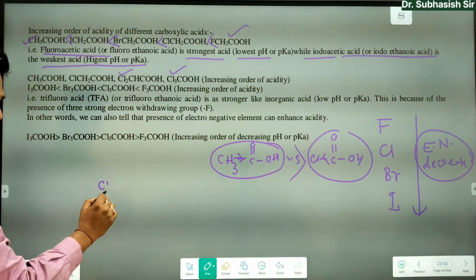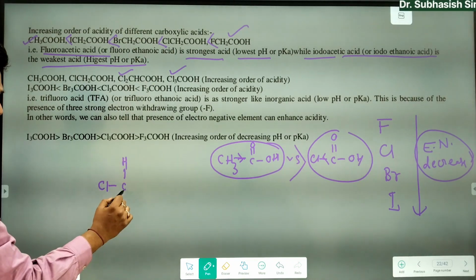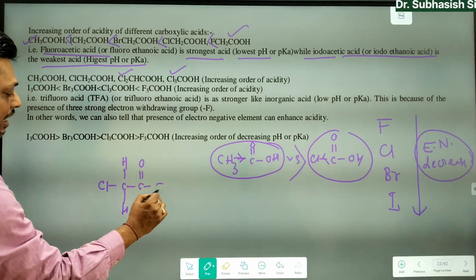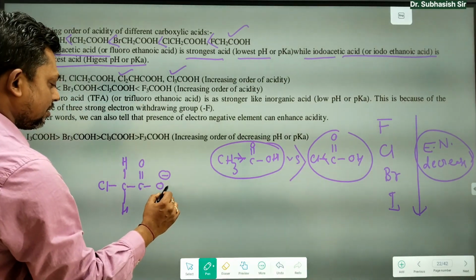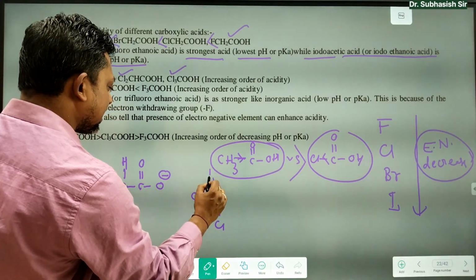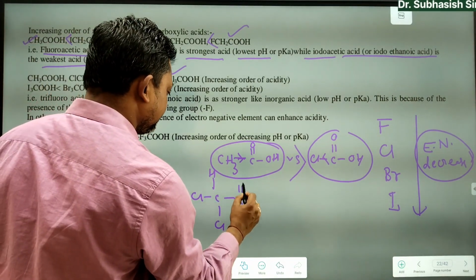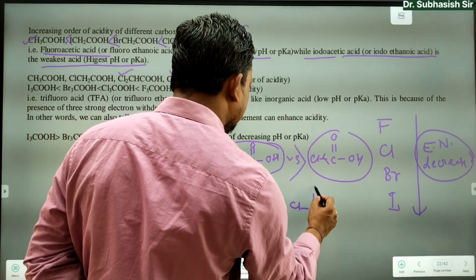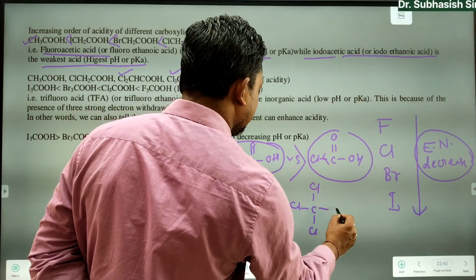Let us take one example. Suppose this one is the carboxylate anion, and if 2 chlorine are present, this will be the carboxylate anion, right? And if 3 chlorine are present, then this will be the carboxylate anion.